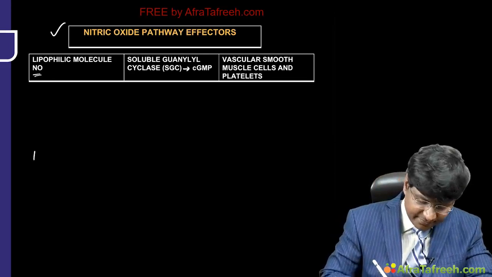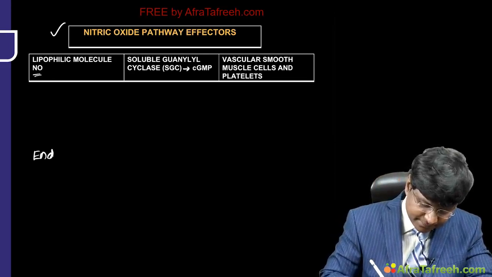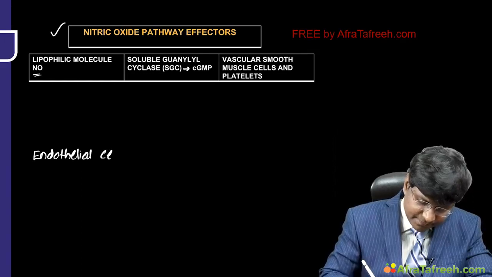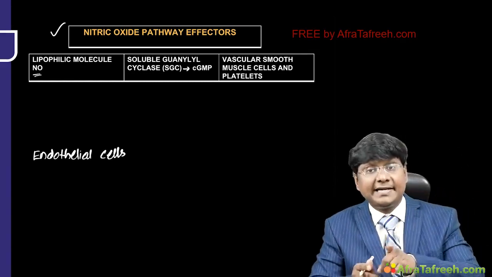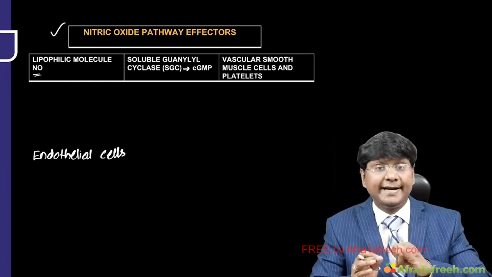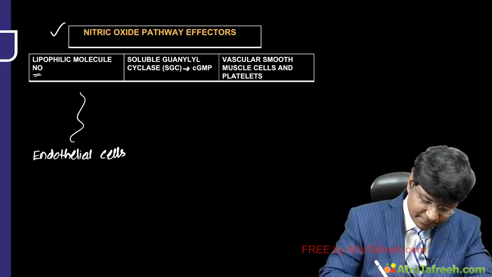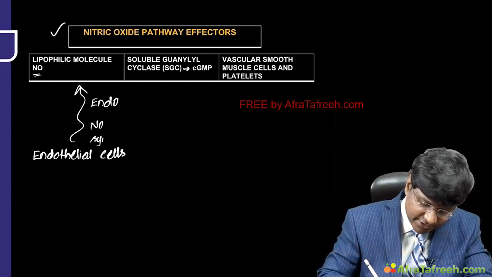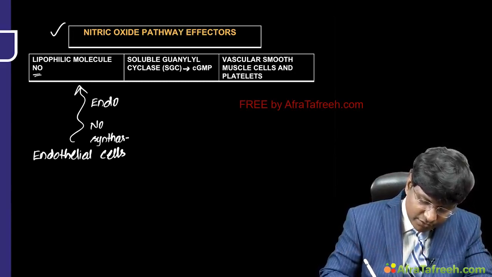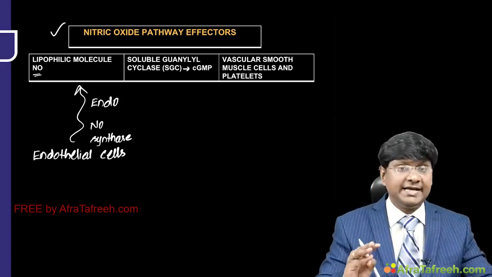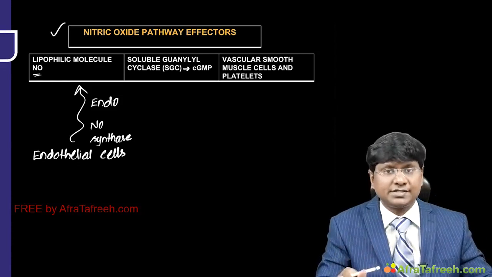It is generated from the endothelial cells, when they are acted upon by endothelial nitric oxide synthase. So when they are acted upon by endothelial nitric oxide synthase, the endothelial cells will produce gaseous lipophilic nitric oxide.